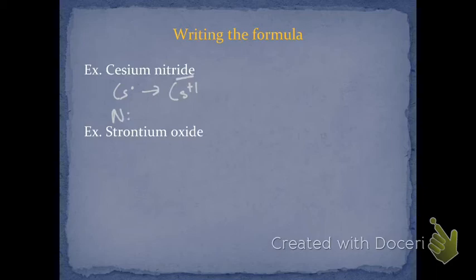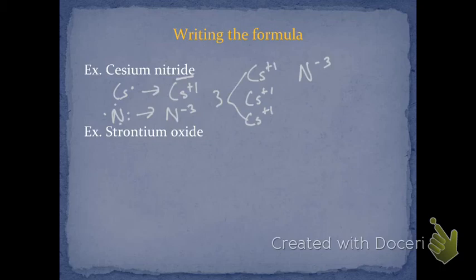Nitrogen has 5 valence electrons, so this becomes N-3. Nitrogen needs 3 more electrons to get to 8. All right, then I compare the two, Cs+1, nitrogen -3. Well, you'll notice they're not neutral, so I need to add more plus charges. If I add 2 more, that gives me a total of 3. And so it'd be Cs3N.